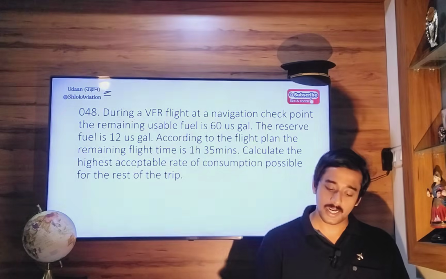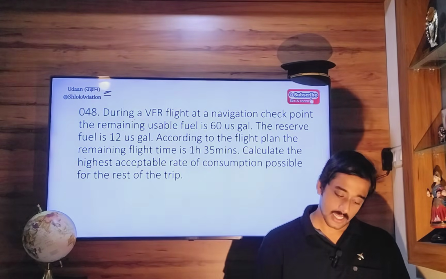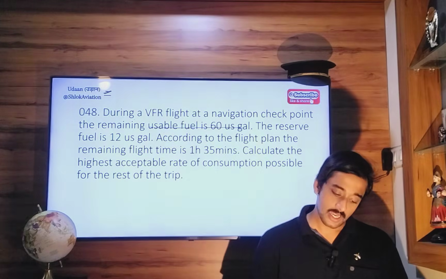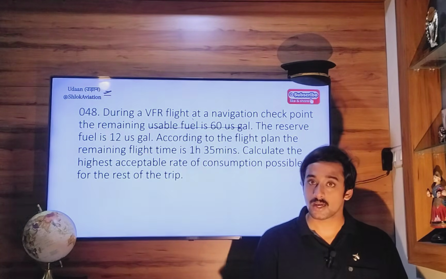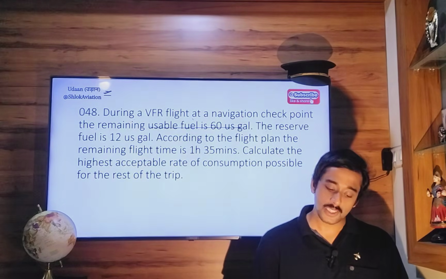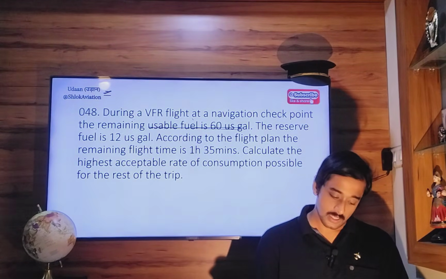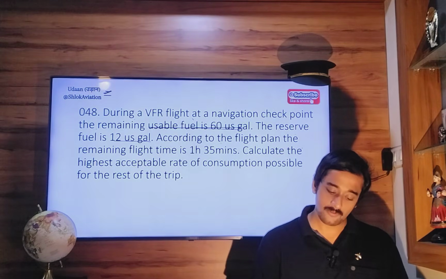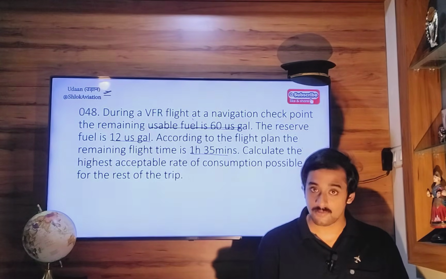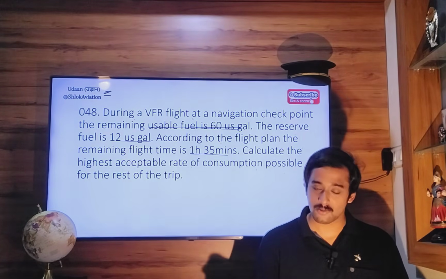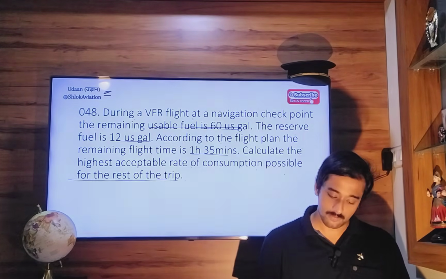During a VFR flight at a navigation checkpoint, the remaining usable fuel is 60 US gallon. The reserve fuel is 12 gallon. According to the flight plan, the remaining flight time is 1 hour 35 minutes. Calculate the highest acceptable rate of consumption for the rest of the trip.